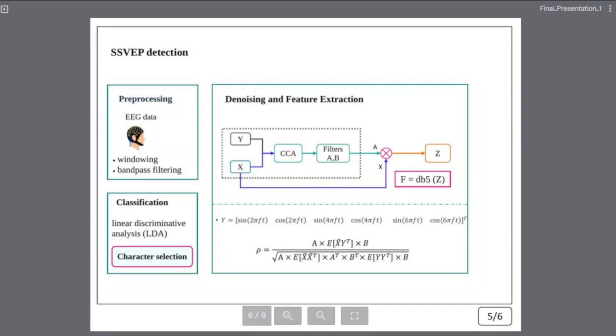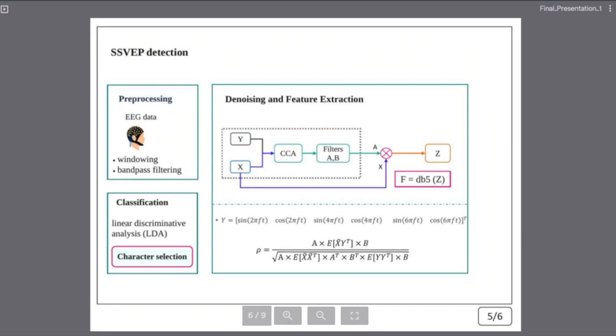Therefore, canonical correlation analysis, called CCA, was utilized to better recognize the properties by following these steps. First, we create the reference signal Y with a sinusoidal cosine signal of 15 Hz and its three harmonics, as defined below.